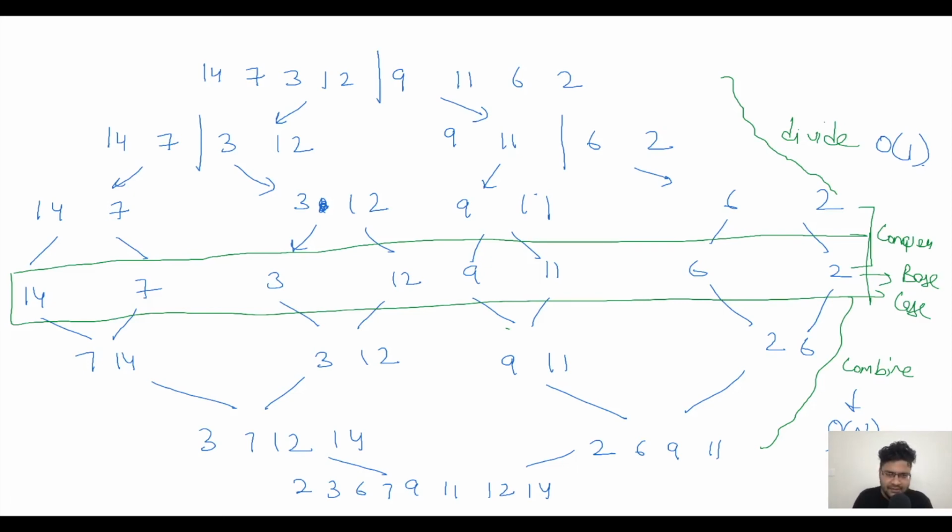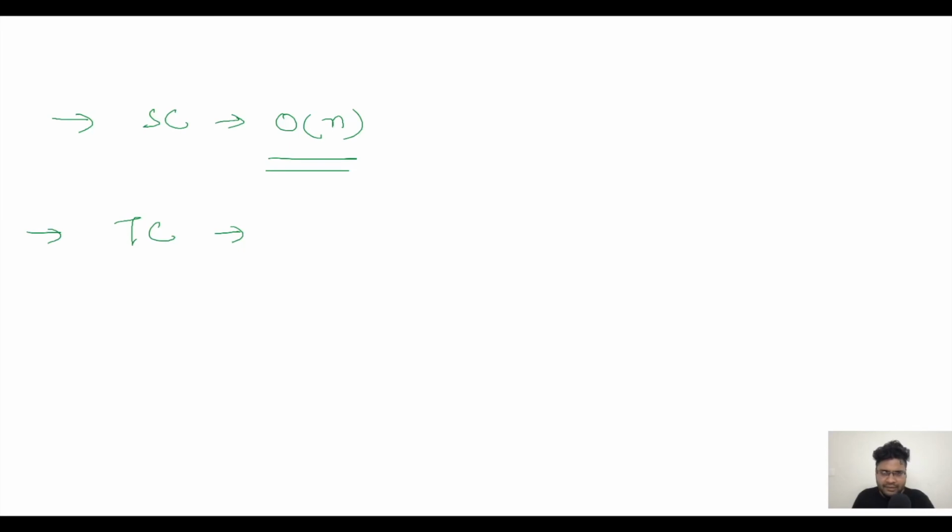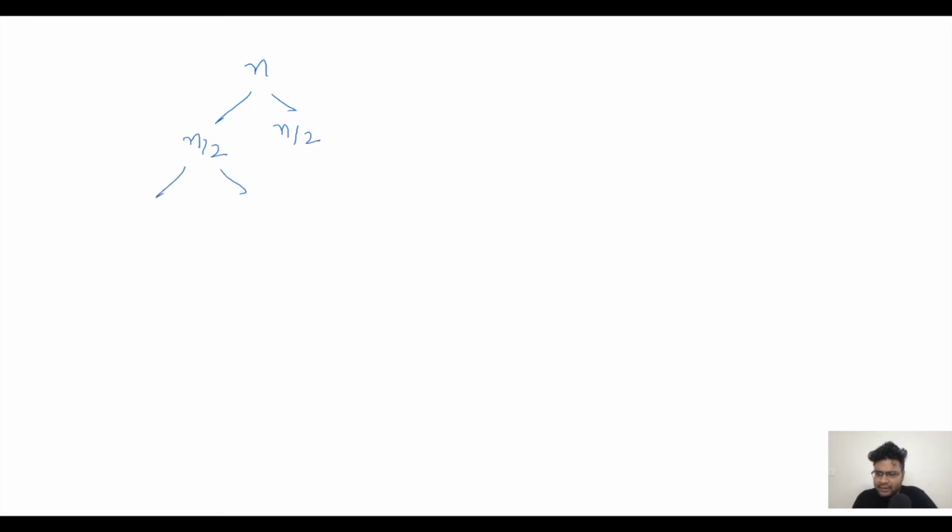So if I was given n, first I will divide into n by 2, n by 2. Then I will divide into n by 4, n by 4. And then I will keep on dividing it just like this.